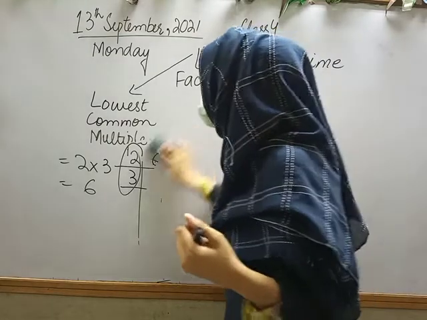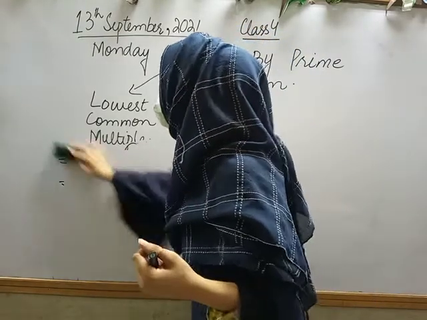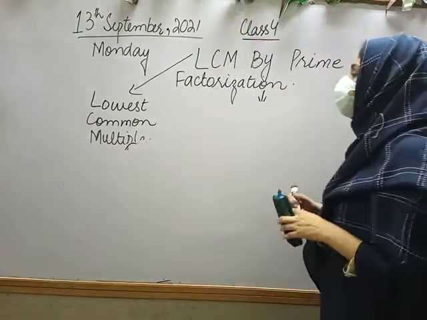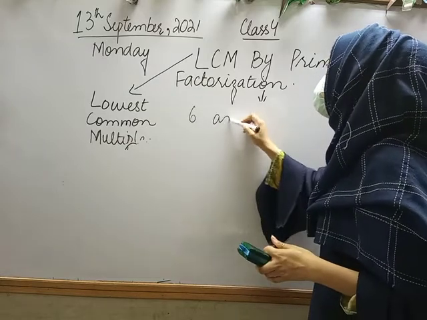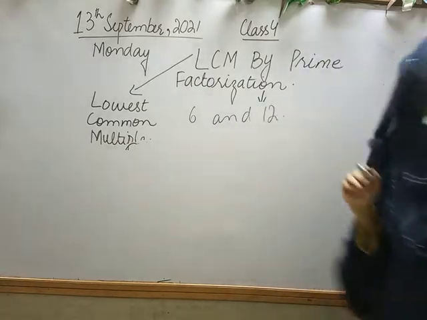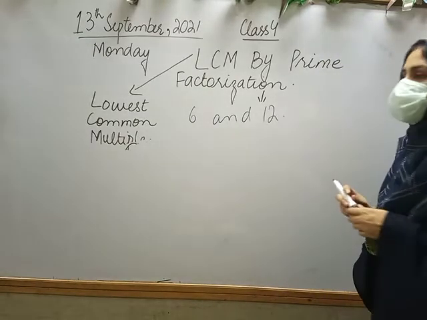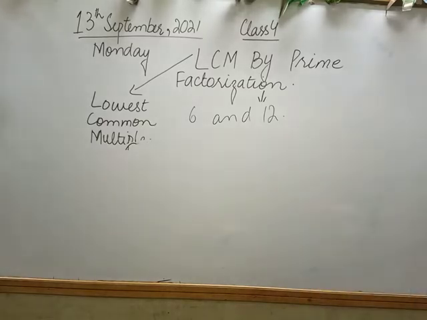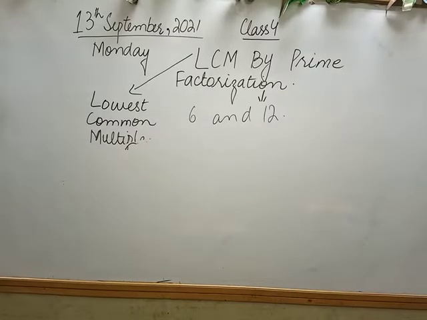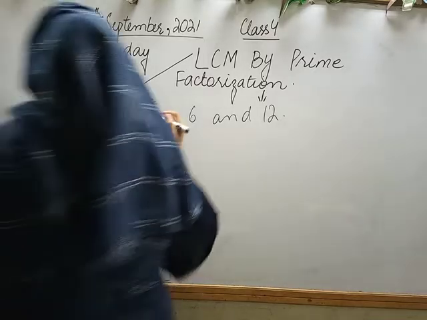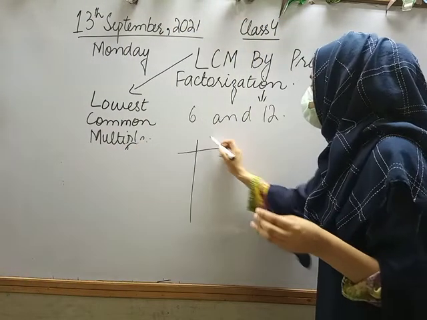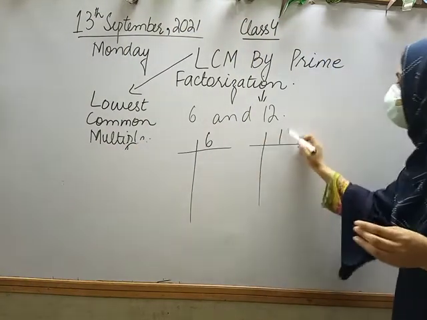But the topic is we want to find LCM by prime factorization. So for this, first of all, I have two numbers. The first number is 6 and the other is 12. Now I will find prime factorization of both numbers.